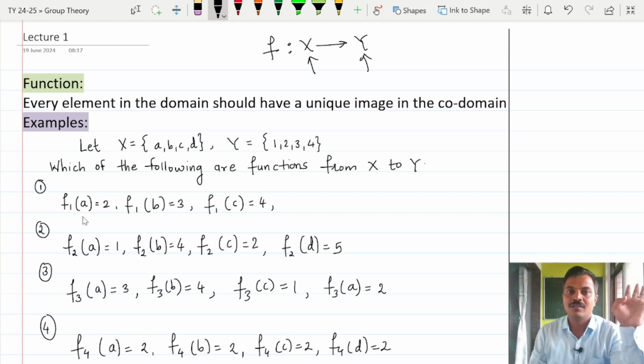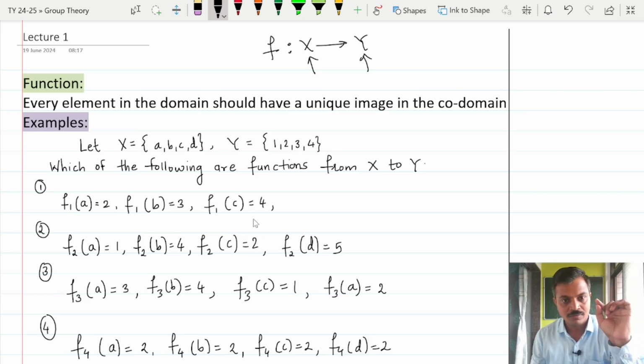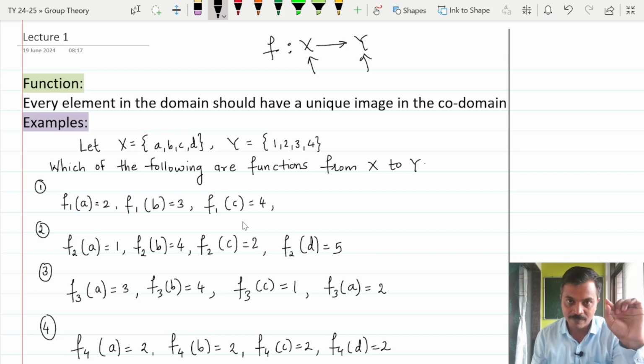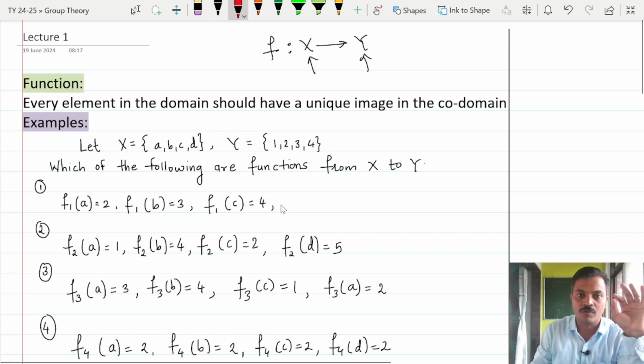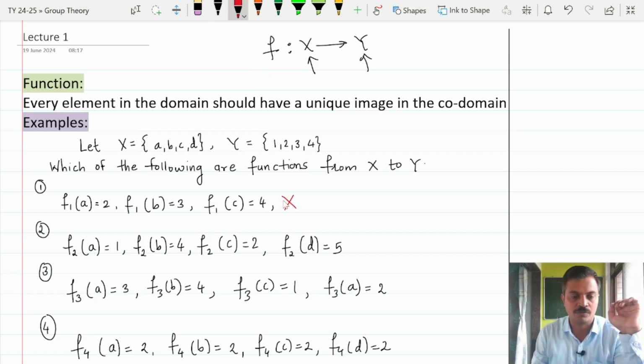So here under F1, the image of A is 2, the image of B is 3, the image of C is 4. Does every element in X have an image? No. D doesn't have an image here, right? Thus, this is not an example of a function. So this is not a function.